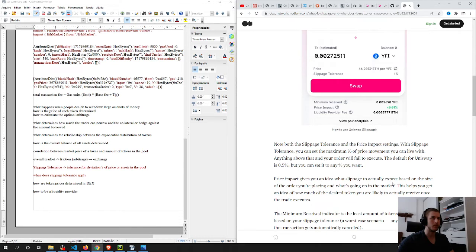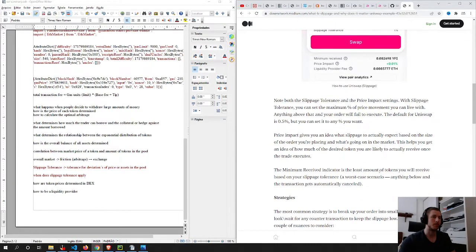That would be also something interesting to do. And that way I can start calculating the optimal, I can start coming up with equations that determine the flow of money between them based on this friction.